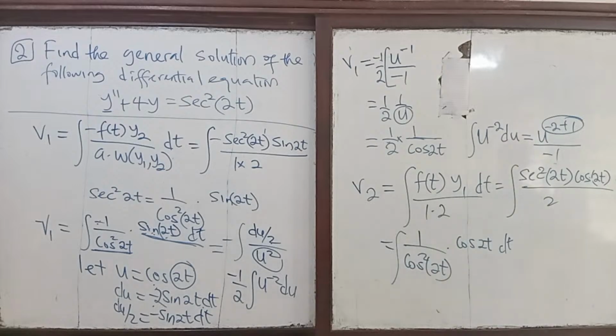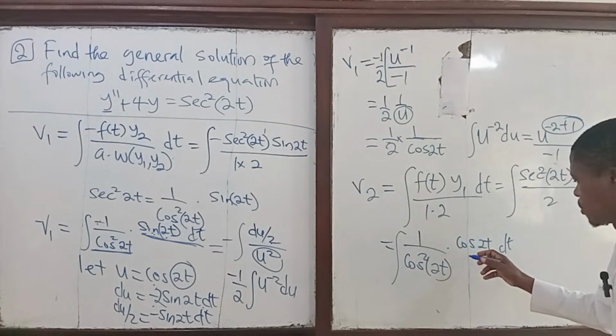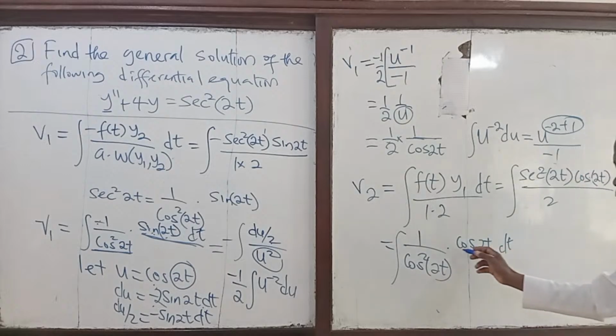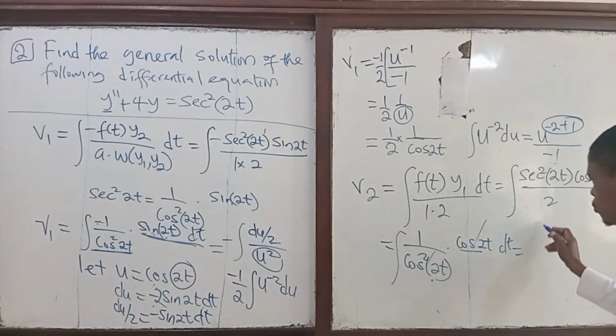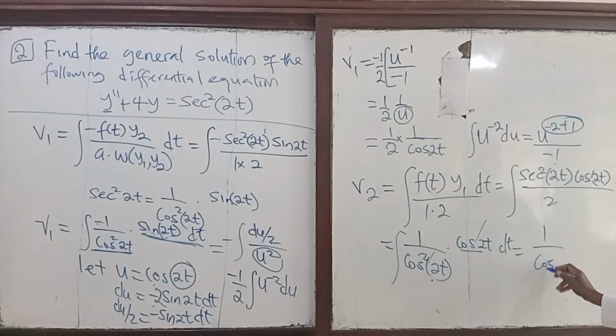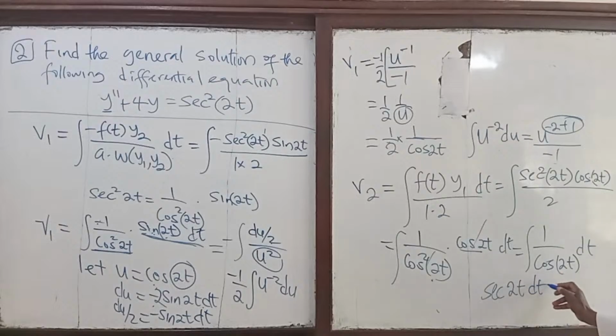So the choice is ours. We have 1 here, we have multiple here. So this one we cancel, this one we cancel. It remains 1 over cos 2t dt. And 1 over cosine is sec 2t, so that's sec 2t dt.